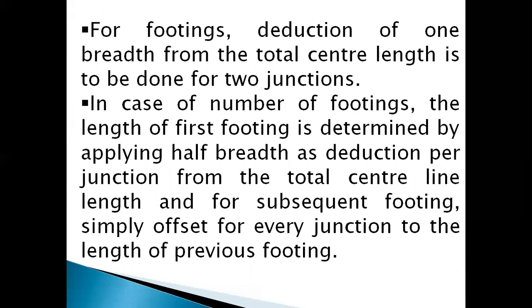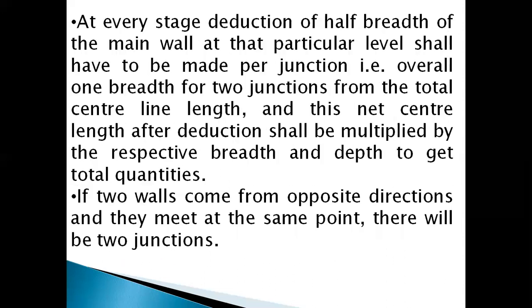In case of a number of footings, the length of the first footing is determined by applying half breadth as reduction per junction from the total central line length, and for the subsequent footing, simply offset for every junction to be the length of the previous footing.